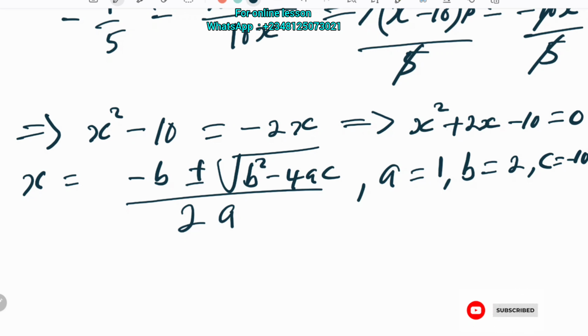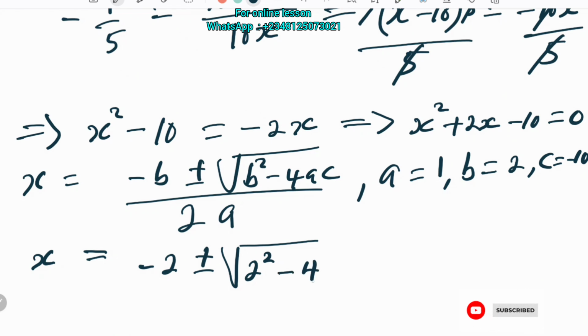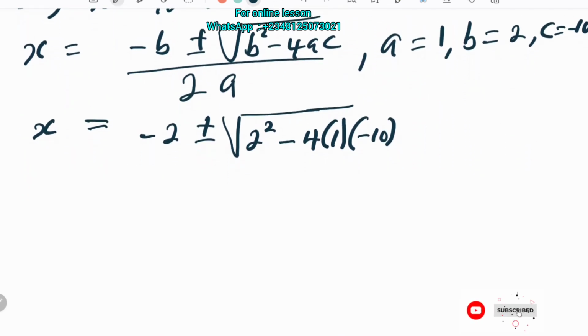Now let's plug it into the formula. x becomes equal to negative 2 plus or minus the root of b, that is 2 squared, minus 4 into 1 into minus 10, then all over 2 times 1.